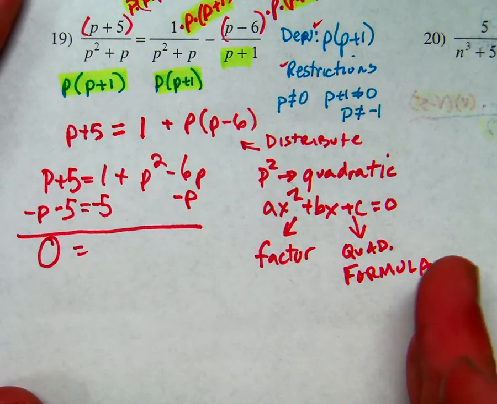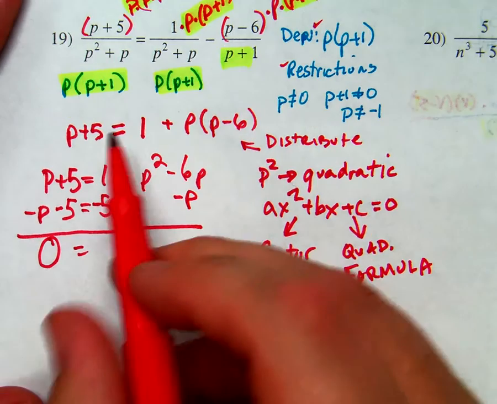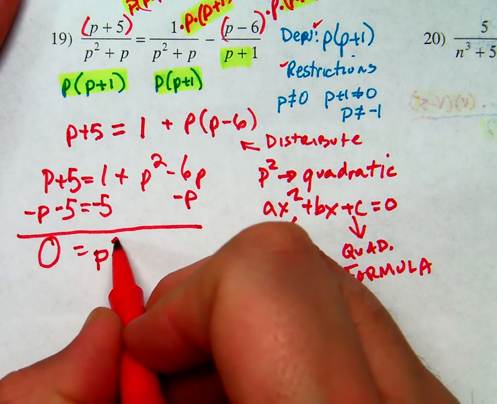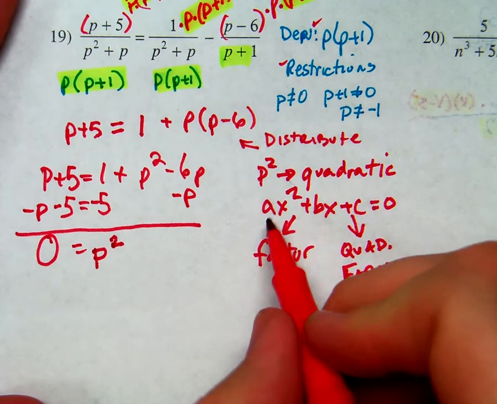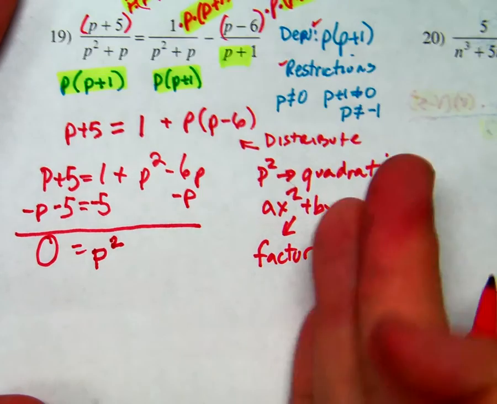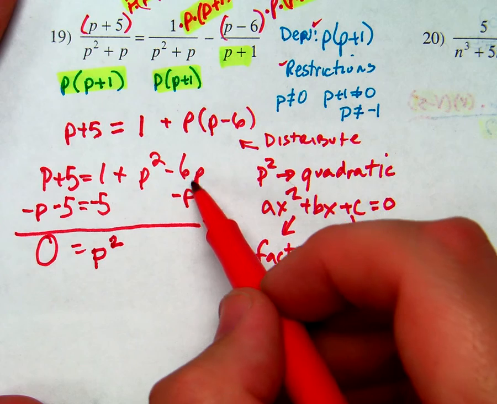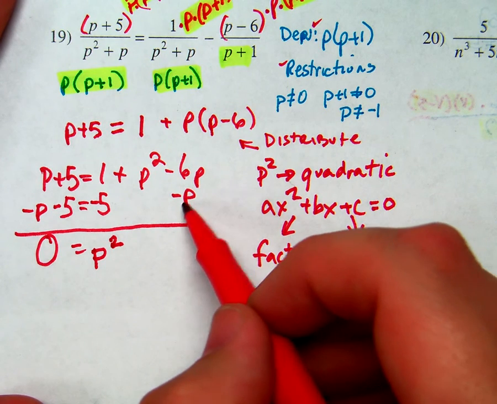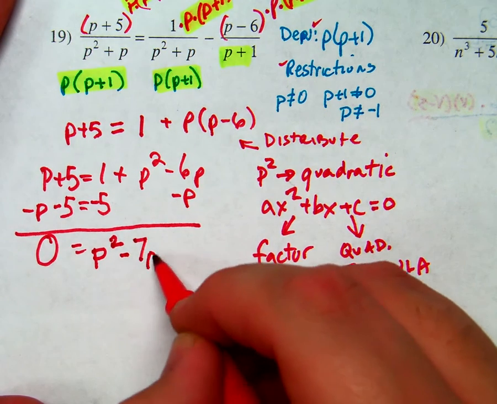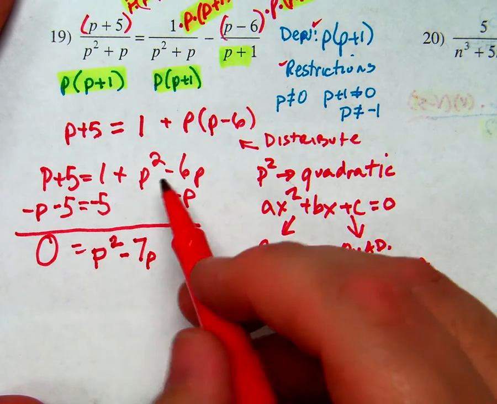Now I'm going to put p squared first because I want ax squared plus bx plus c, the proper form. Now I have negative 6p minus another p, negative 7p, and now I have minus 4.